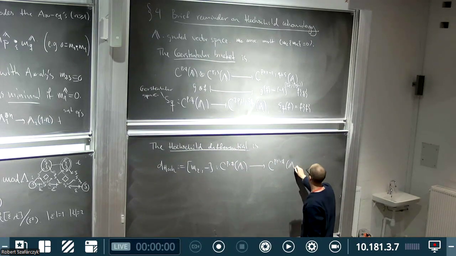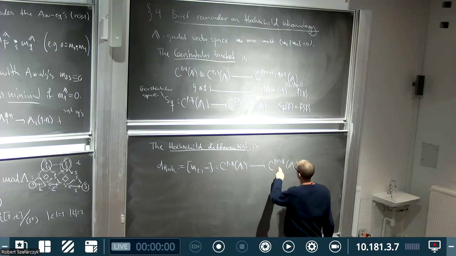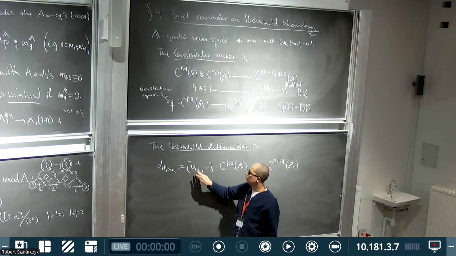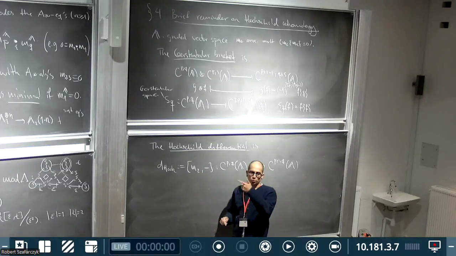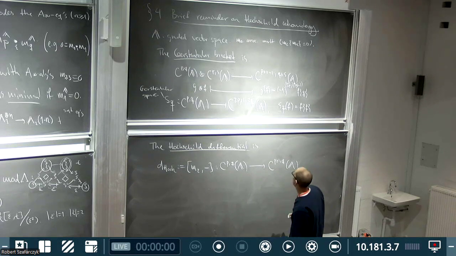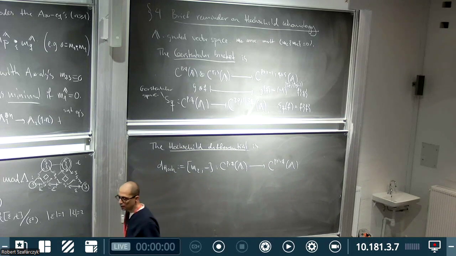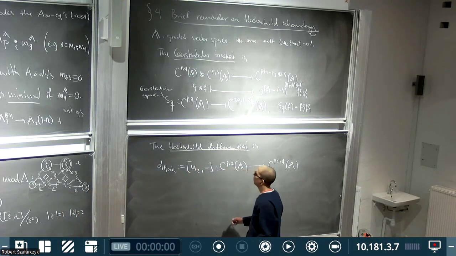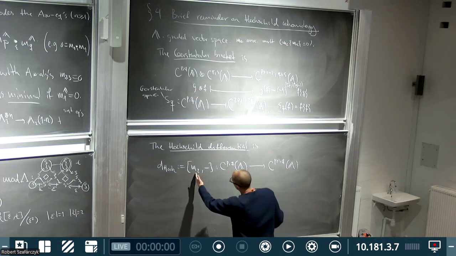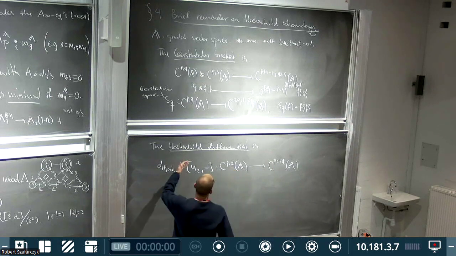So I have a differential of bidegree 1,0. So in the first input I add 1. So this has parity 2. So I need to go to p plus 2 minus 1, p plus 1, and on the other side nothing happens. As it turns out, the fact that this is a differential follows from some relations satisfied.